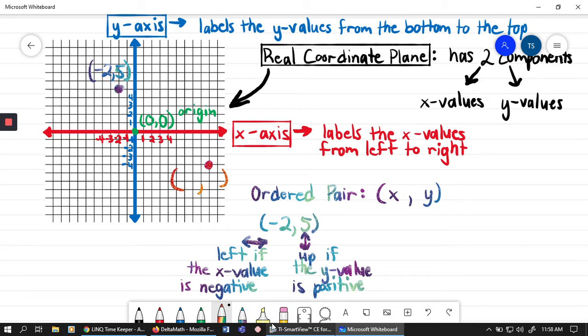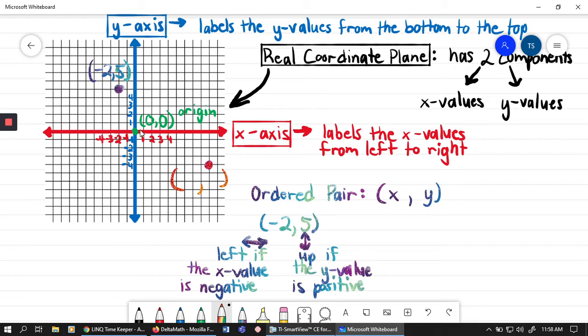Okay. So again, let's see here. For this point that I've just put here, if you want to identify what the ordered pair is, again, start from the origin. And that's this green point that I've got here on this graph right here. And I do hope that everybody already knows what the origin is. But in case you don't, that's why we're making this video.